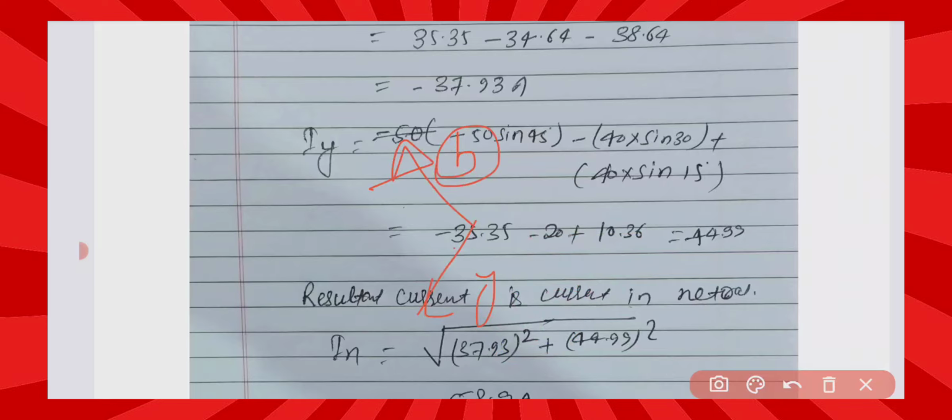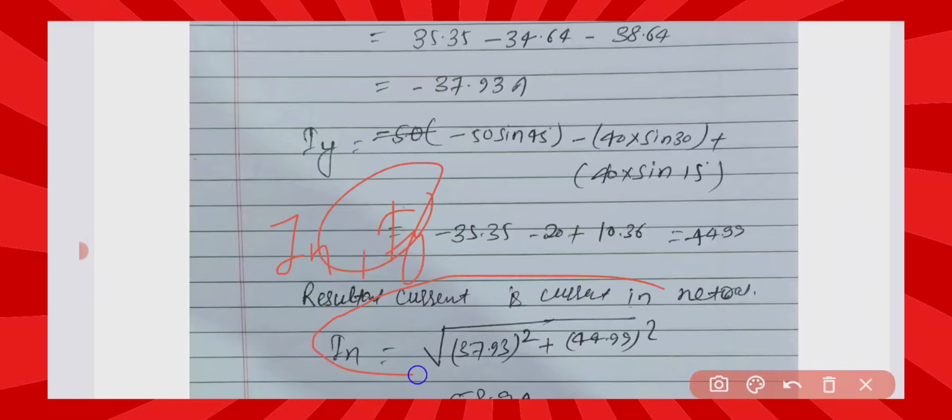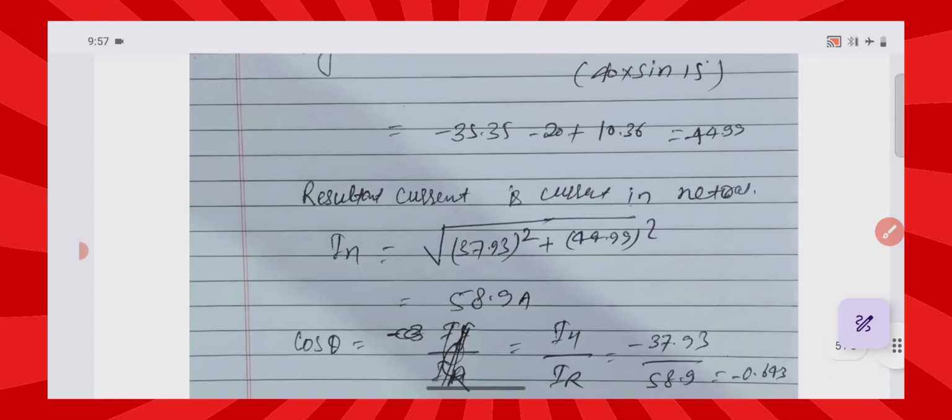So this 15 degrees is for blue and this for yellow. The angles I already told, using that you can break the components. So here we can find IH and IY, and the resultant we already know the formula, we can calculate.